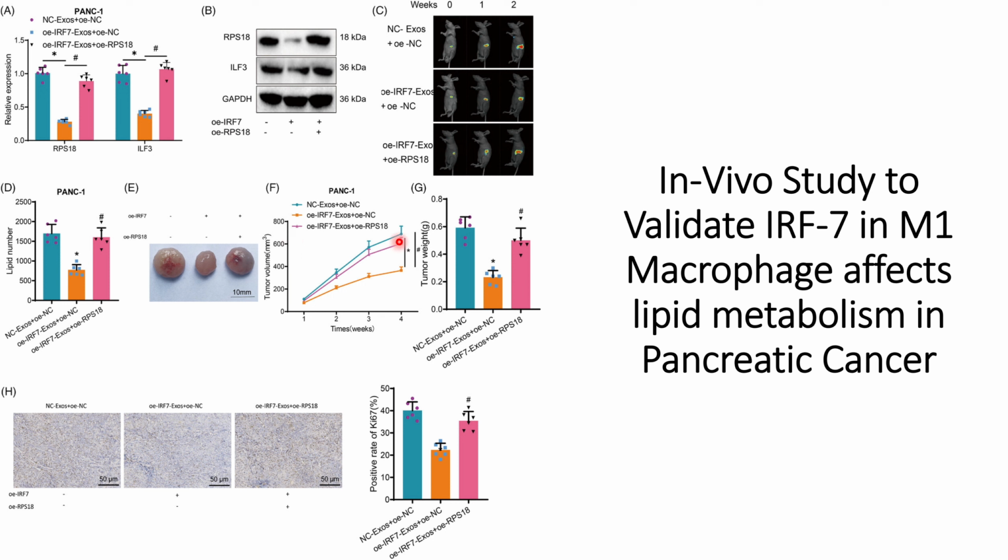However, the difference between the negative control and the one with RPS18 overexpressed is negligible. Between the condition in which only IRF-7 is overexpressed and the negative control, they can see that there is a statistical difference, and the exosomes from IRF-7 overexpressed macrophages show a decreased tumor volume.